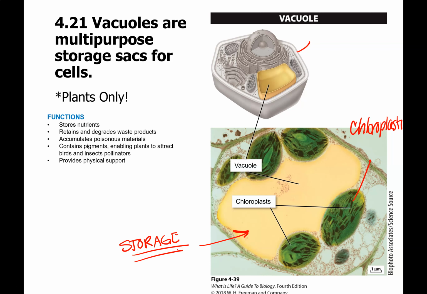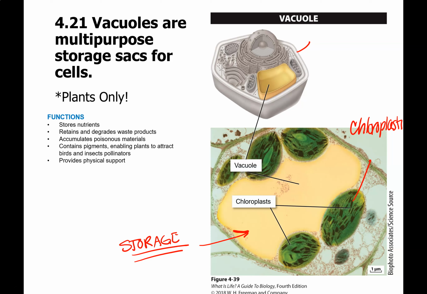The cell can store nutrients, it can store waste products, it can be a storage area for poisonous materials that the plant takes up, or it can also be deterrents for insects or other animals that might be poisons to deter them from eating them.